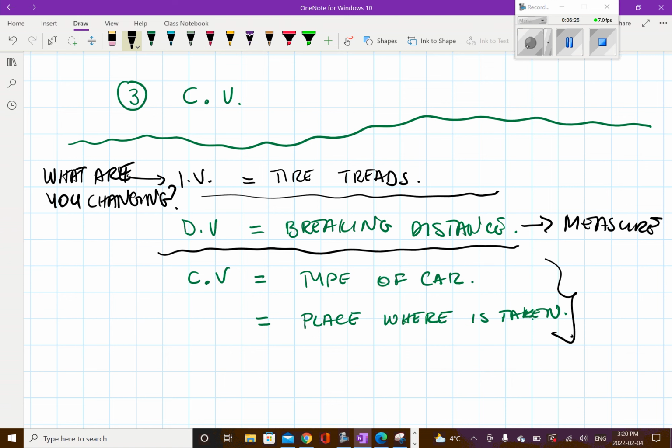Okay, so those are the types of variables that we discuss in science, and you will see more examples and practice on the D12.